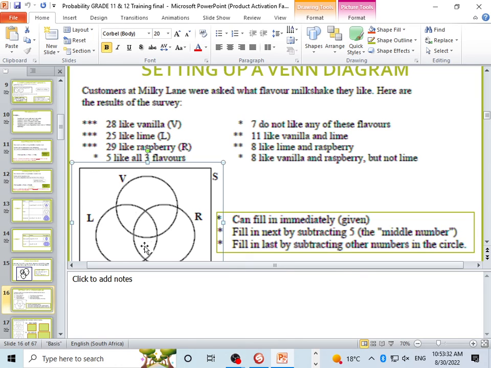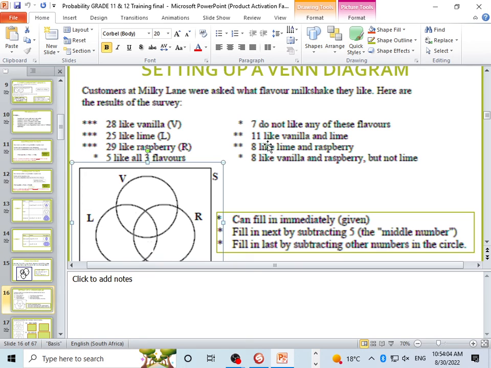Don't they like lime and raspberry as well? That 5 that you started with, do they like lime and raspberry? Yes. They also like vanilla, but they like lime and raspberry. Now they're telling you 8 like lime and raspberry. Must I put in the 8? Or what must I put in there?